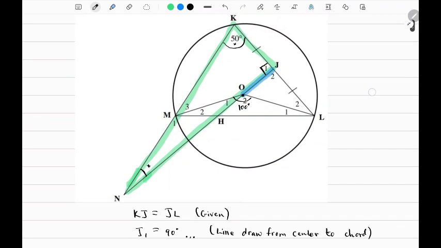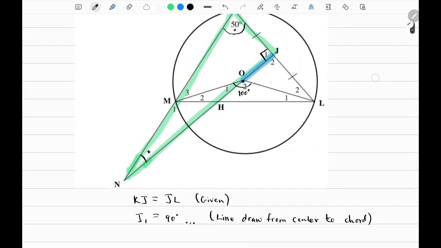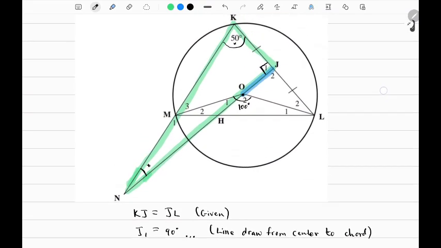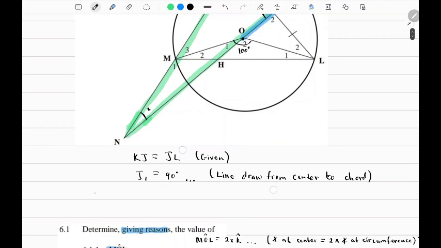Now we can make use of the sum of interior angles of a triangle to find the size of N. Angle K plus angle J1 plus angle N is equal to 180 degrees, and the reason is sum of angles in a triangle.